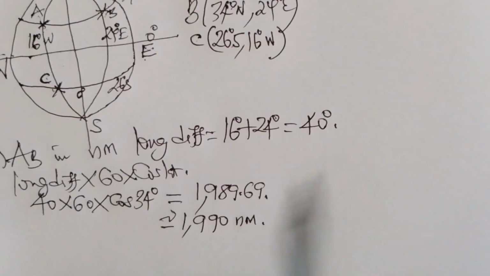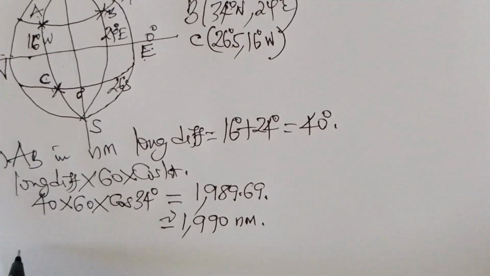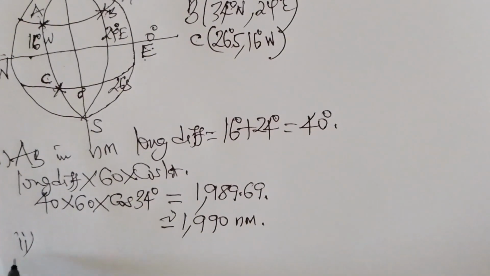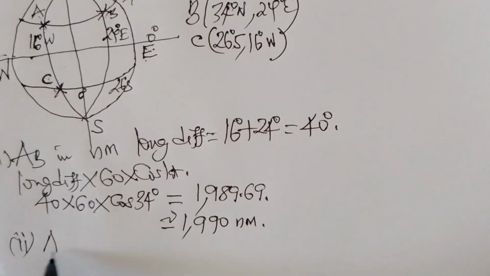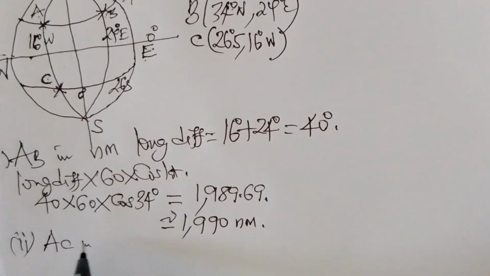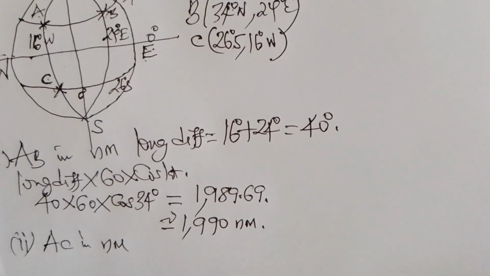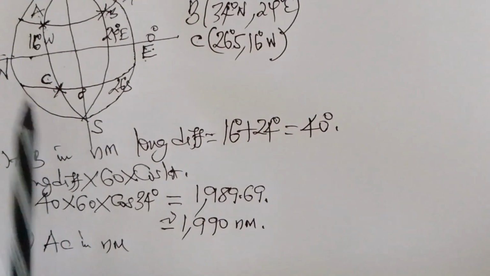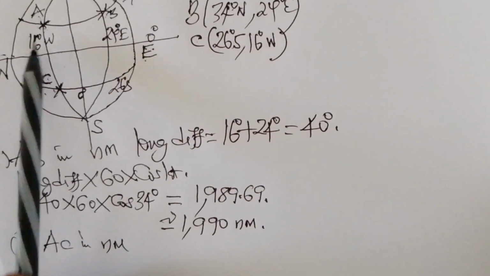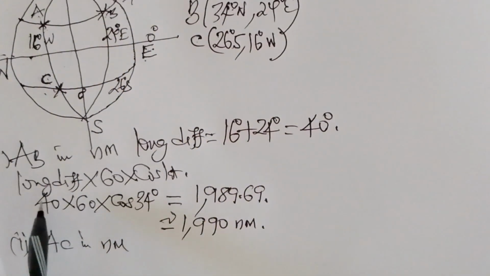The distance between A and C in part 2 in nautical miles will be given by the latitude difference between A and C multiplied by 60, because they lie on the great circle.